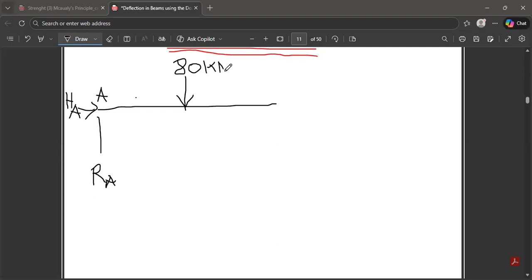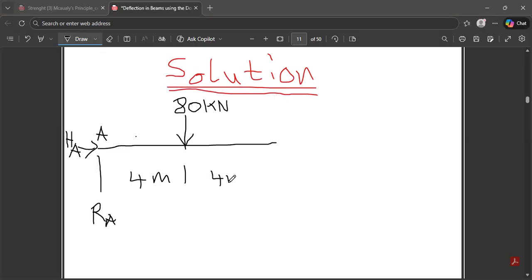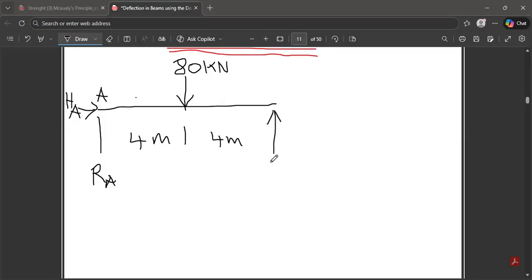And they said the span, we have here 4 meters, and we have also here 4 meters. Here is just going to be one support, one reaction. So this is our reaction C, since this point was B.